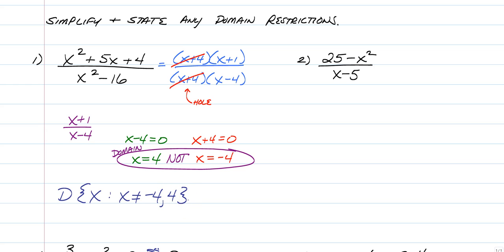Okay? And that's it. So again, it's a notation that basically says that x can exist except for when x is negative 4 and 4. That's pretty much what that says. Okay, so your domain, x can be any number except negative 4 and 4. Okay, so that's domain. It's listing what values you are not allowed to have.